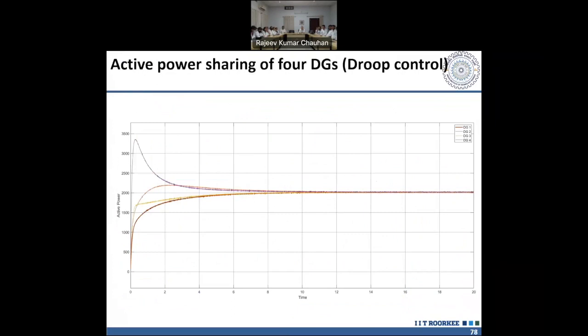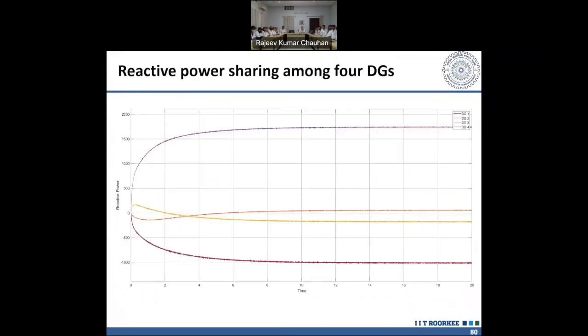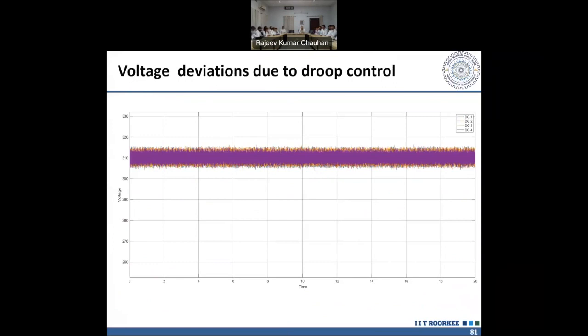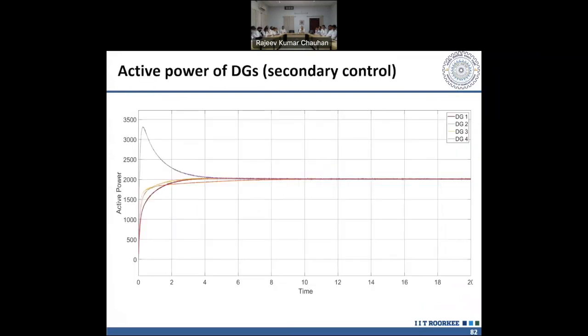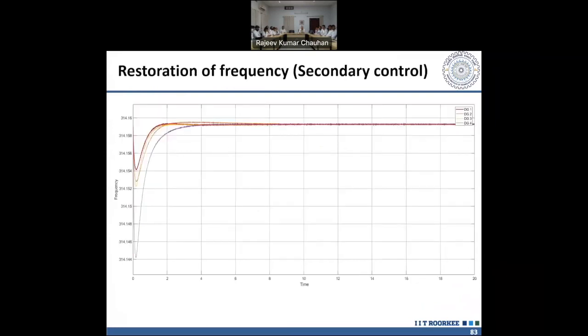And this is the reactive power sharing curve for all the generators. These are the voltage deviations due to the droop control. Active power.